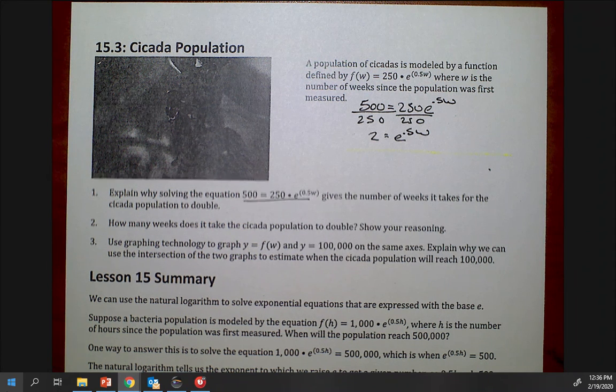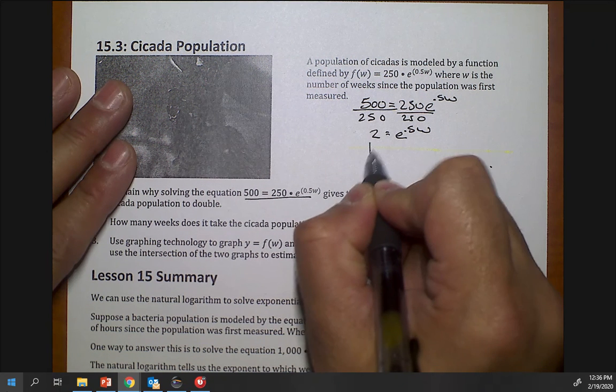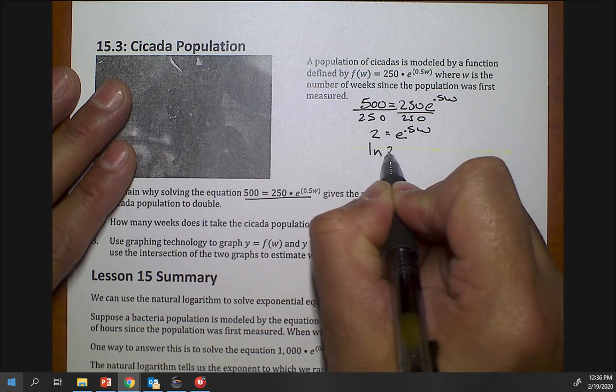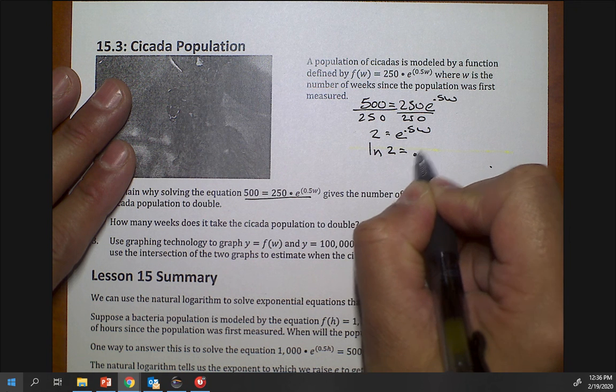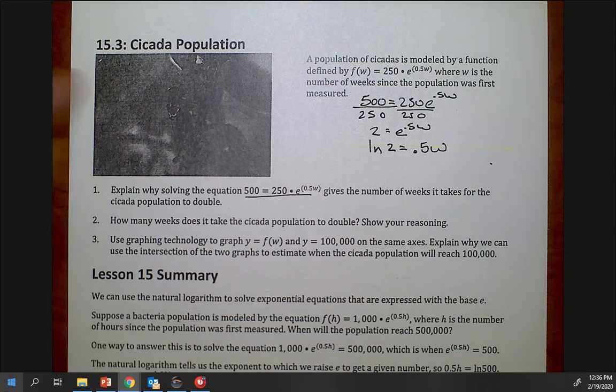So what would I do here to try and get the w by itself? No, not divide by 0.5. ln. I've got to ln it here, right? So it's going to be the ln of 2 equals, not e, 0.5 w, right?